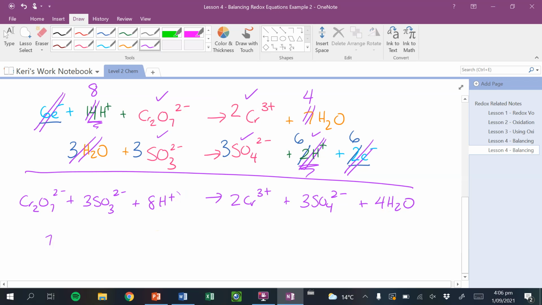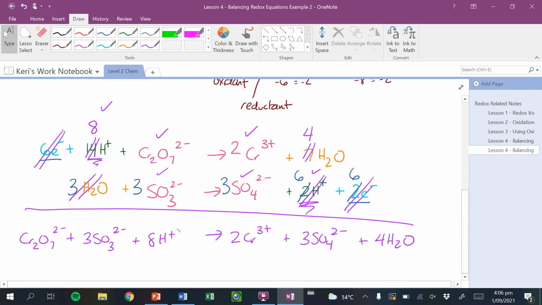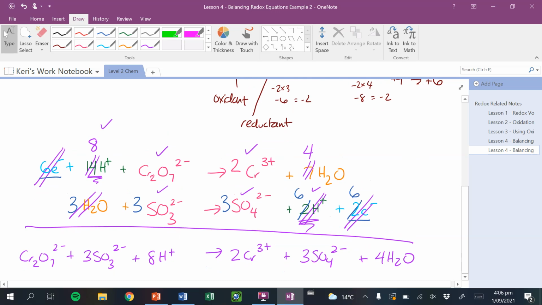So I have 7 here, 3 times 3 is 9, so I have a total of 16 oxygens on that side. 3 times 4 is 12, plus another 4 oxygens on that side, that's 16 as well. So it's just a good way to double check it to make sure you haven't accidentally created or destroyed matter. You don't need to do it, but if you find yourself having extra time on the assessment, it's worthwhile to do it because it just kind of idiot checks yourself because you don't want to make a silly mistake.